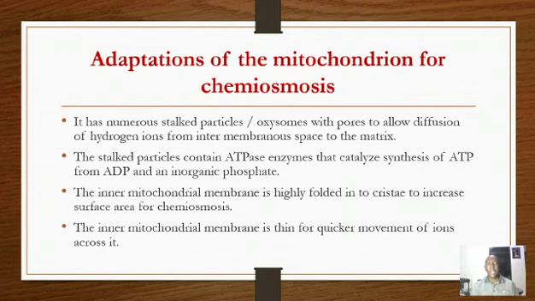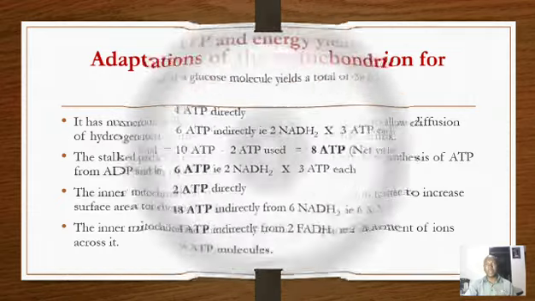Then the inner mitochondrial membrane is thin for quicker movement of ions across it. So those are the adaptations of the mitochondrion for the process of chemiosmosis.